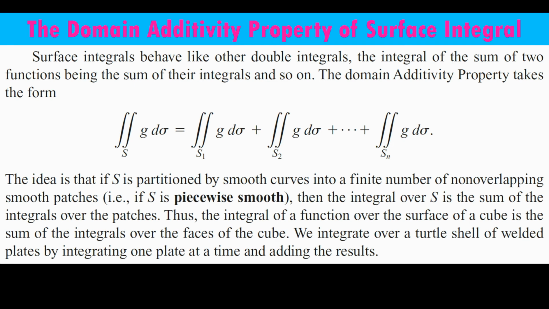It states that the double integral over S of g d sigma is equal to the double integral over S1 of g d sigma plus the double integral over S2 of g d sigma, plus etc., plus the double integral over Sn of g d sigma, where the idea is that if S is partitioned by smooth curves into a finite number of non-overlapping smooth patches, that is, if S is piecewise smooth, then the integral over the surface S is the sum of the integrals over the patches.